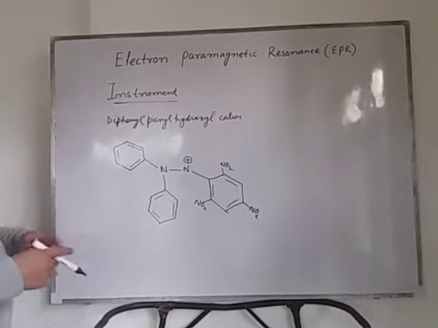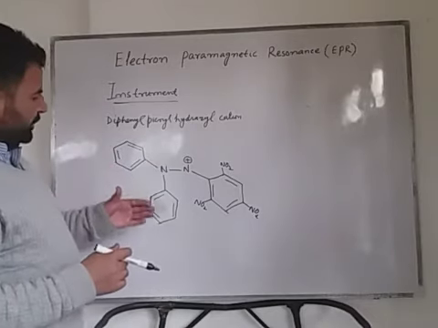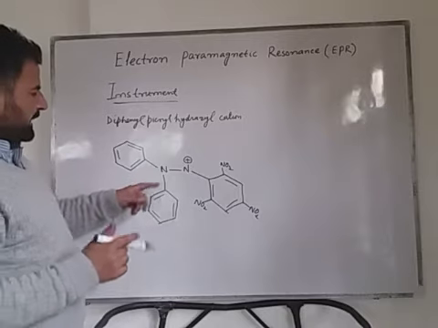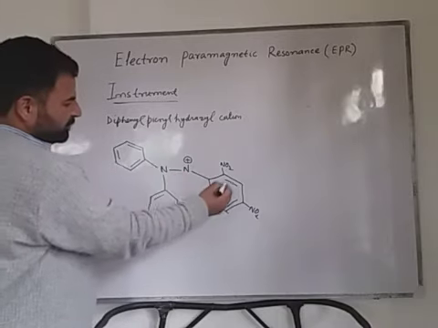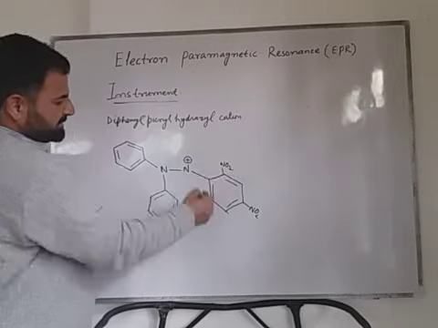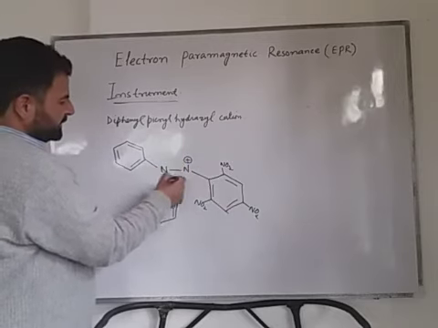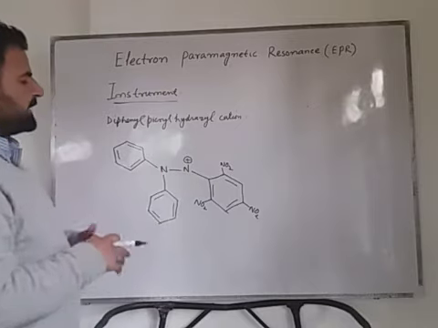So this is the structure of DPPH. Here you can see diphenyl, one phenyl and another phenyl, and there is a picryl group also. It is a derivative of picric acid, trinitrobenzene, and then we have a hydrazine derivative, here hydrazine cation.